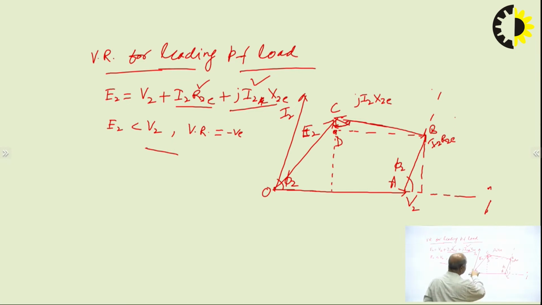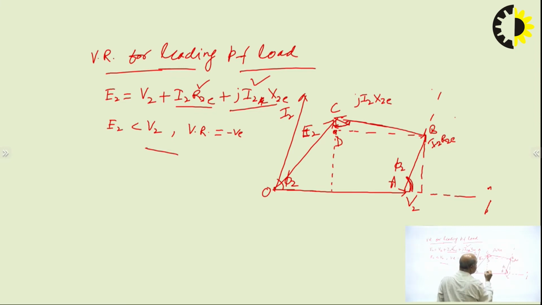Since this is phi 2, this angle is also phi 2, because this angle is between the line perpendicular to this line and the line perpendicular to this one.